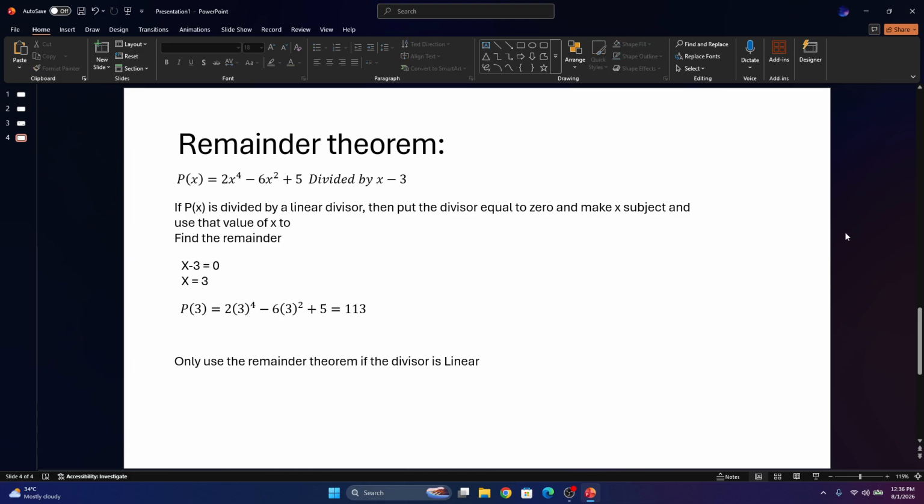So we can only use it when our divisor basically only has one power of x, which can be just x itself. So we are just going to get one value of x right here.